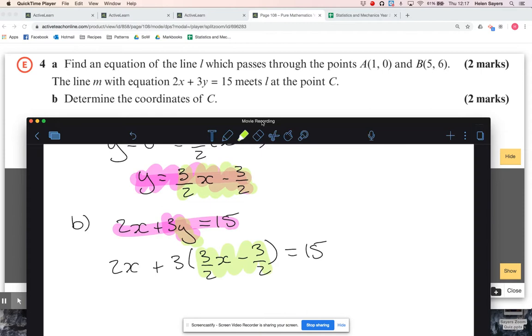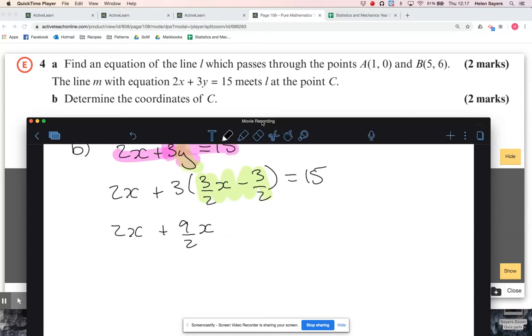Okay, so I have got a few fractions to deal with, but I reckon we can cope. If I multiply those brackets out, I get 2x plus 9 over 2x, so that's 13 over 2x, equals 15 plus 9 over 2.